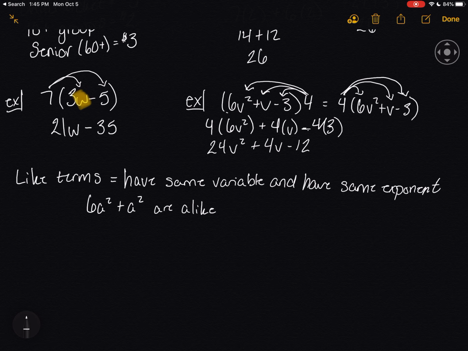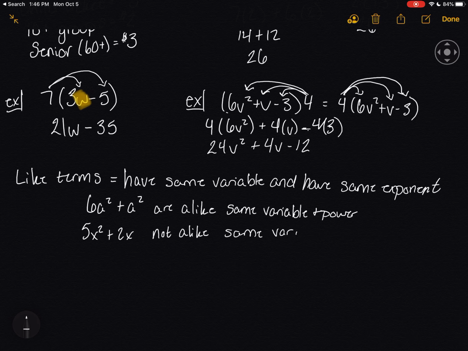But if I gave you something like 5x squared plus 2x, those are not like terms, because they have different powers. Since they have the same variable, we're almost there, but they don't have the same power. So both things need to be the same.